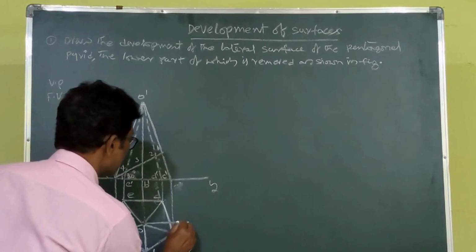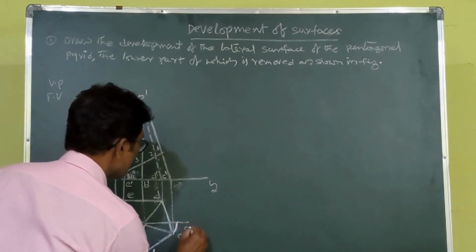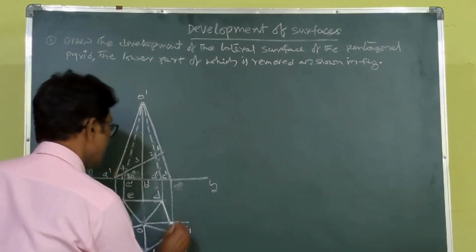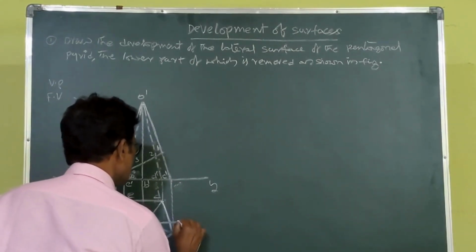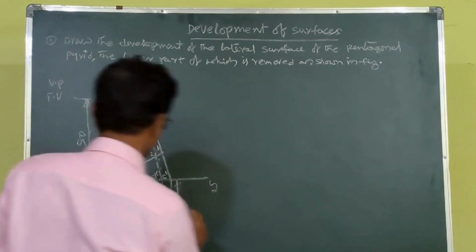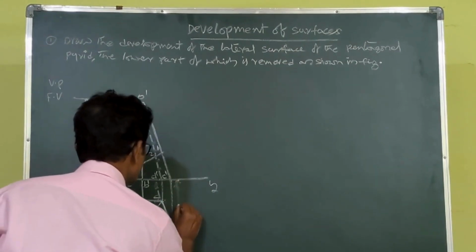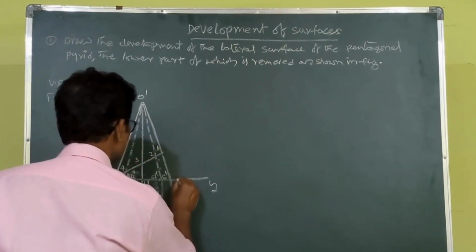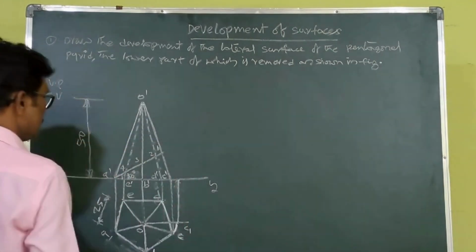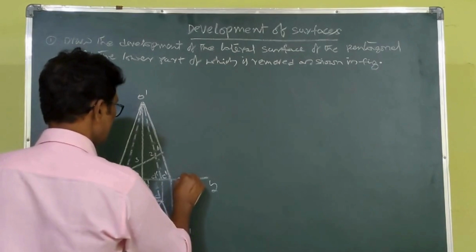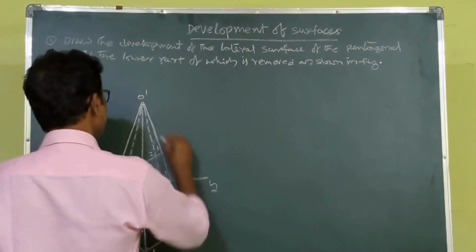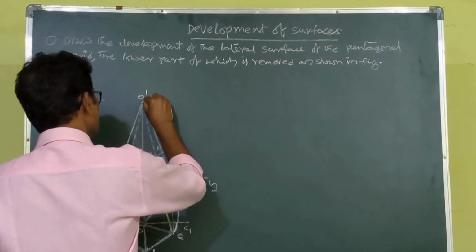Let us say this point is C1. Here, you project this and draw the projector like this.